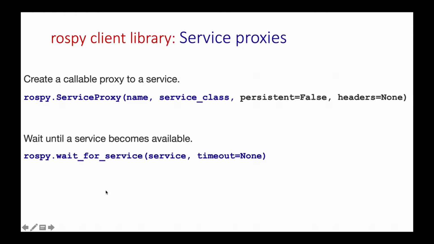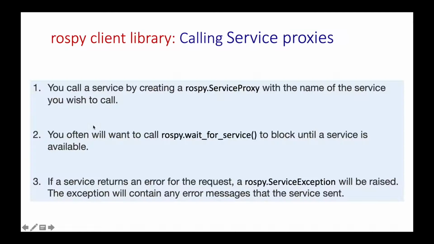Make sense? So wait_for_service is essentially going to check whether the service that you are trying to invoke is available, because you are a client right now, not the server. We'll take a look at the server in a second. Before invoking that service, you must check whether this service is even available. And so wait_for_service accomplishes that part.